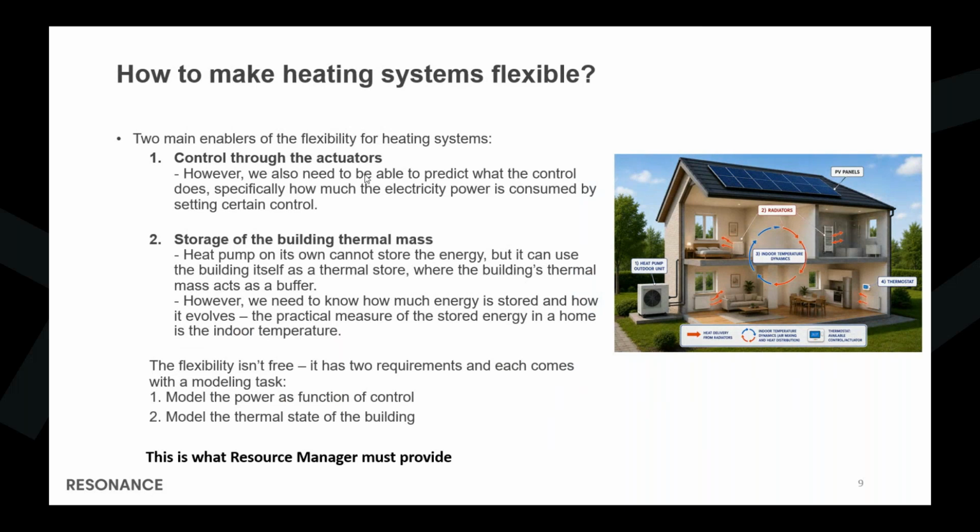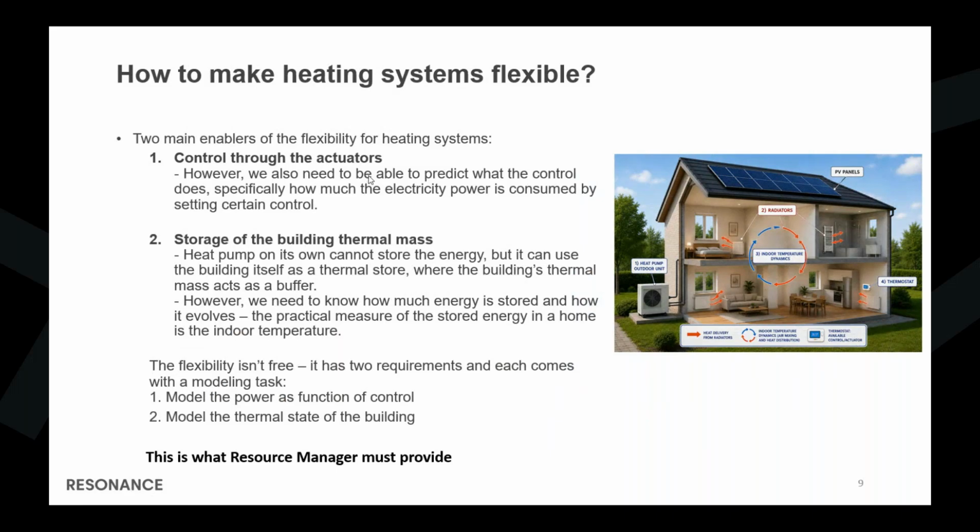But the control alone isn't enough. We also need to predict what that control does to the heat pump, specifically how much electrical power the heat pump will draw for a given control point. Without that, we can move the consumption, but we cannot really plan it. The second enabler is the storage. A heat pump on its own cannot really store the energy.